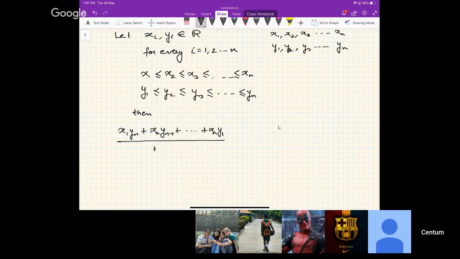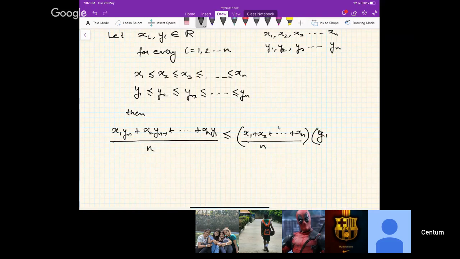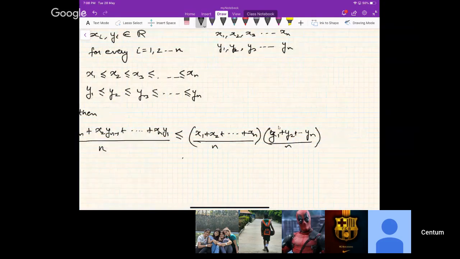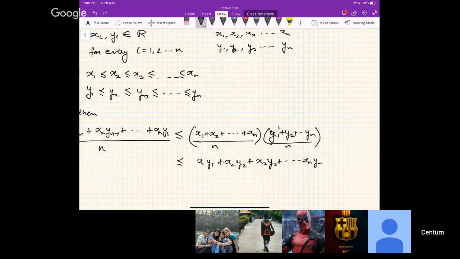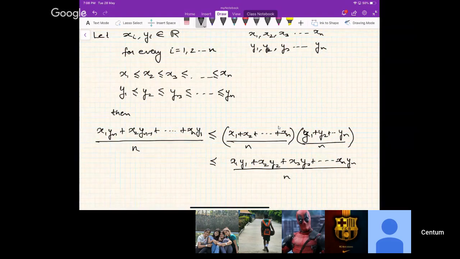This whole divided by n is less than or equal to (x1 + x2 + dot dot dot + xn) divided by n, that is the arithmetic mean of the xi's, and similarly (y1 + y2 + dot dot dot + yn) divided by n, the arithmetic mean of the y's, and this whole is less than or equal to (x1 y1 + x2 y2 + x3 y3 + dot dot dot + xn yn) divided by n. Okay, this is what is called Chebyshev's inequality.